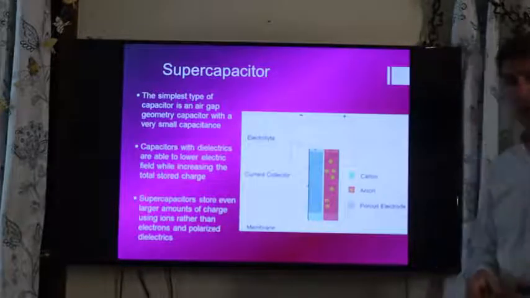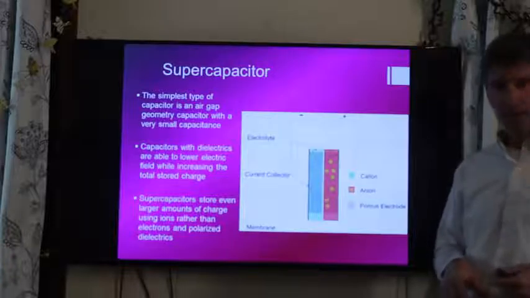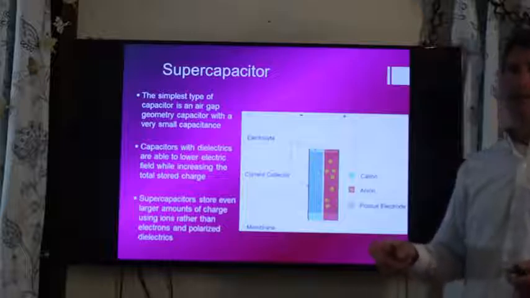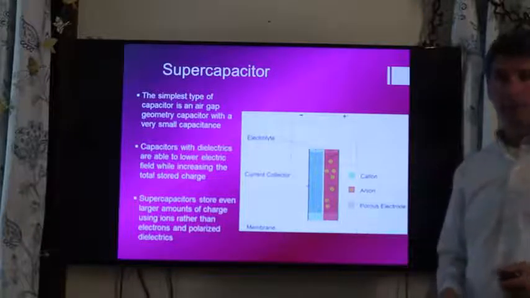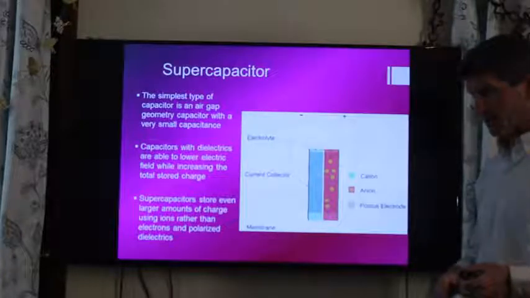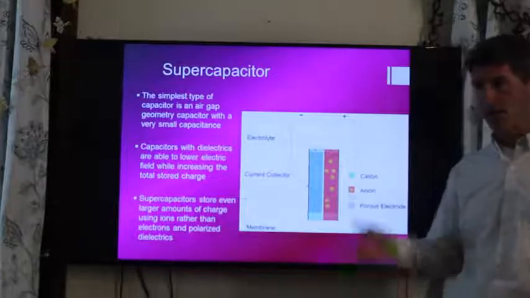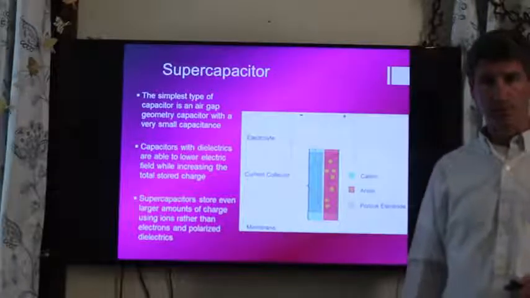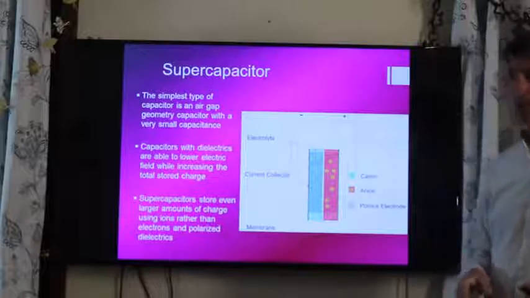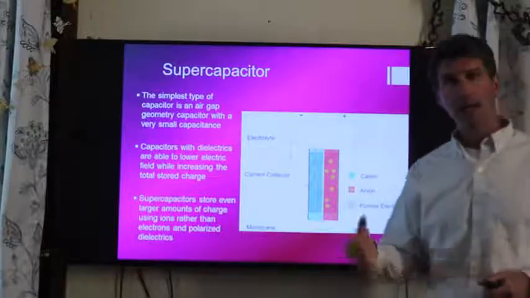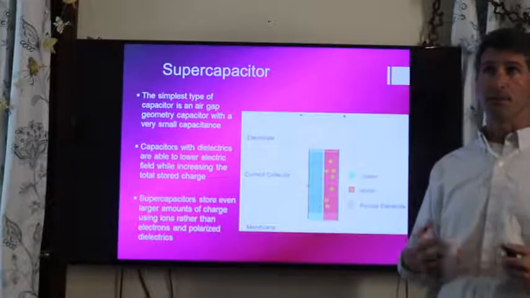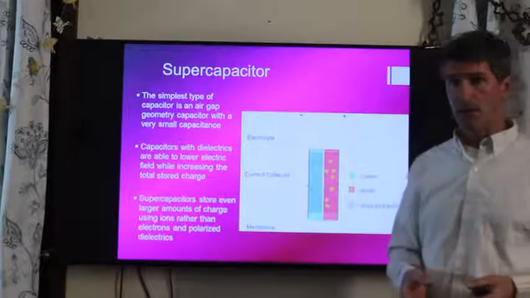With a battery, we have an electrochemical reaction that takes place, and this will move charge, but it takes place over a much longer time period than how we can move charge with respect to our capacitor. Our capacitor, basically it's a redistribution of electrons, so it can charge and discharge very rapidly. In a battery, however, chemical reactions have to take place and ions have to migrate. As a result, things happen at a much slower rate.